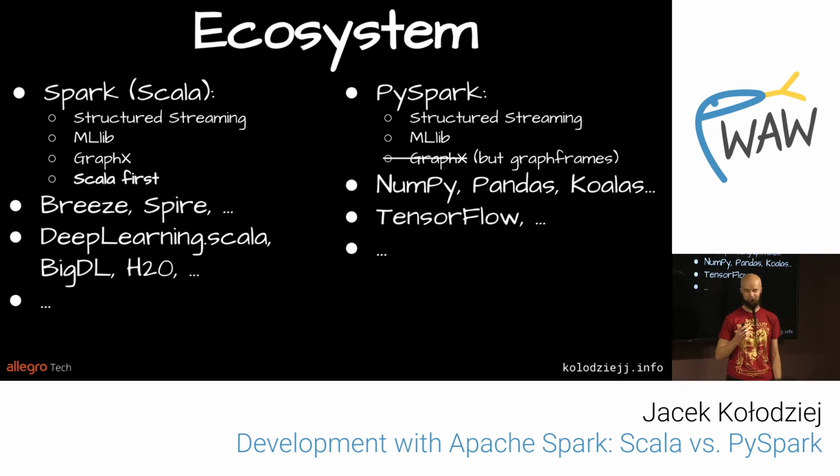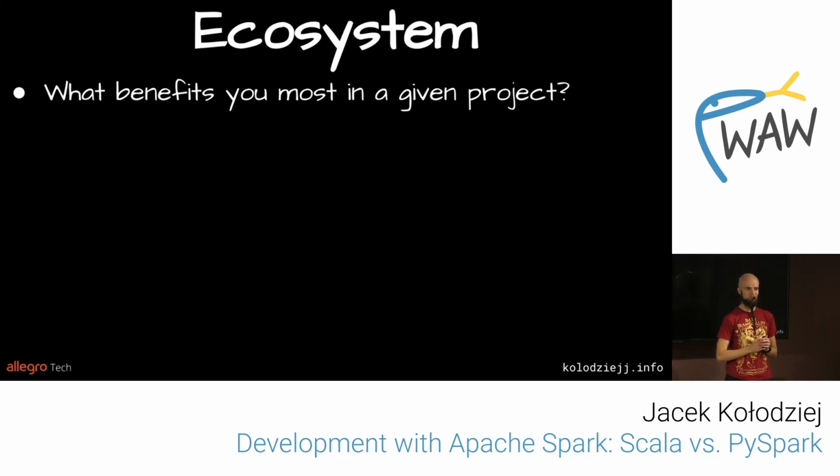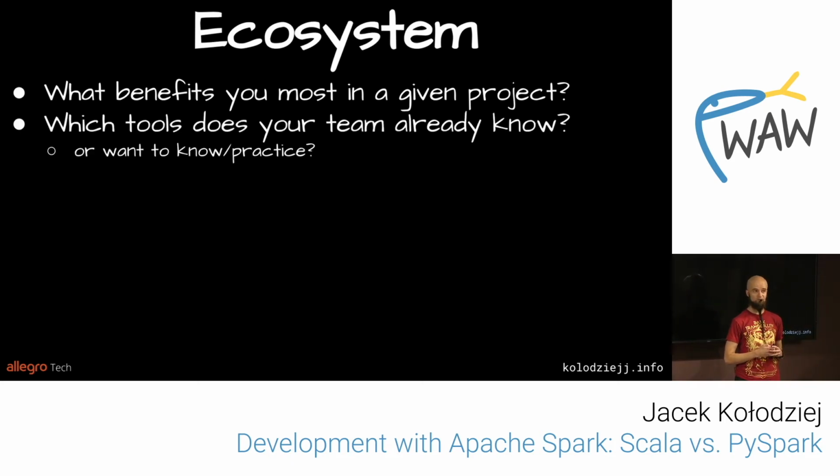I'm not here to list every option that you can use. This is probably outdated anyway already. What I want you to think about is which ecosystem will benefit you more when writing your actual project, and think about what do you and what does your team already know from this ecosystem? What are the competences of the team you are working with, or what are the ambitions of that team, and what does this team want to get to know or want to practice?